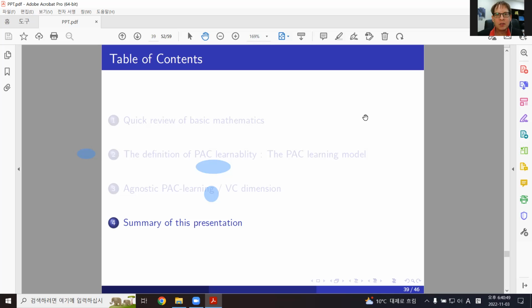Actually, I also have a question. Based on the theorems that you presented here, there seems to be a phase transition. When the VC dimension is infinite, then the problem cannot be learned at all. And if the VC dimension is finite, then the problem can be learned in polynomial time, so the VC dimension enters as an exponent in the asymptotics.